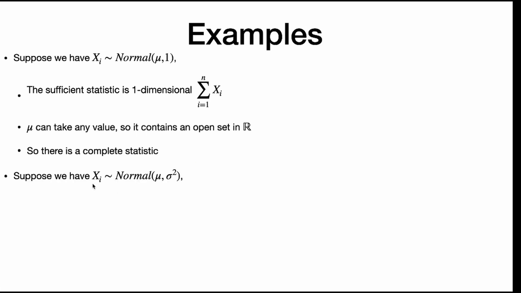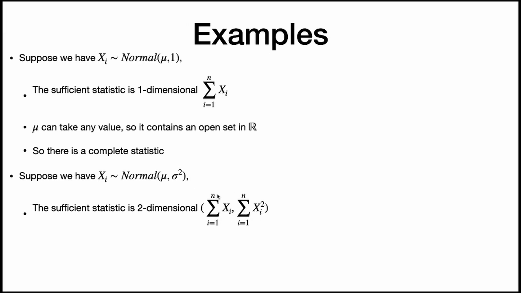Now, suppose we have our data, which is normally distributed with unknown mean and unknown variance. In that case, we'd have to use the factorization theorem to find a 2-dimensional sufficient statistic, which would be the sum and the sum of the squared data. We might also see it as the mean and the standard deviation, but this is equivalent.